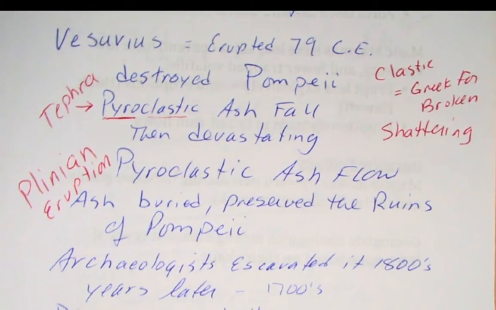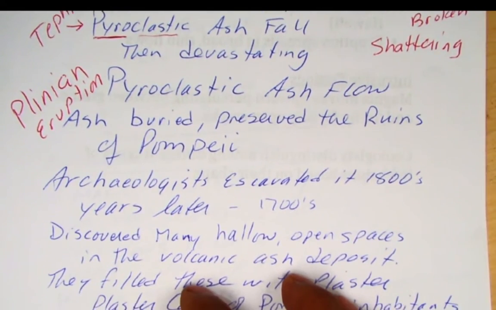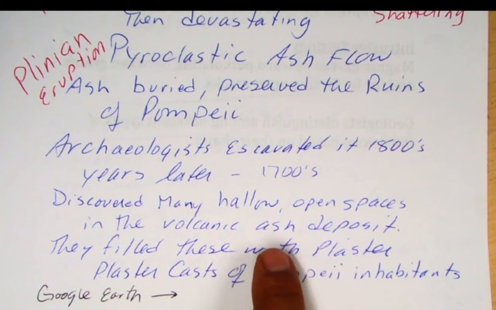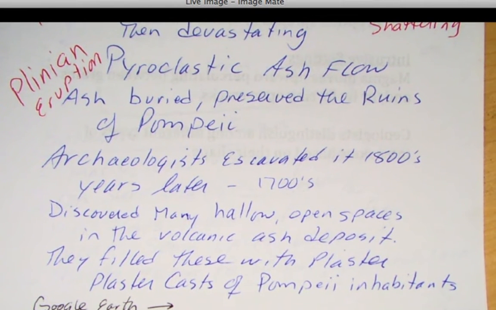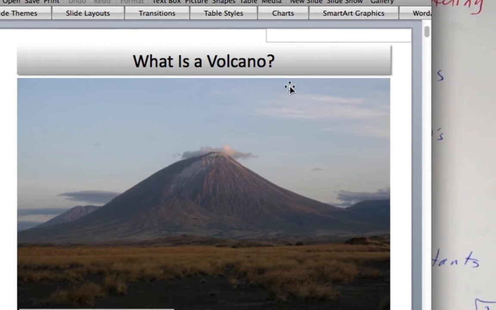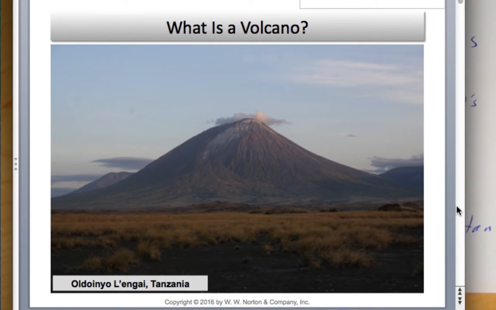In the process, they discovered that there were many hollow openings. They decided maybe they should fill some of these hollow openings with plaster, and they realized that the plaster was actually a cast of the entombed residents of Pompeii.